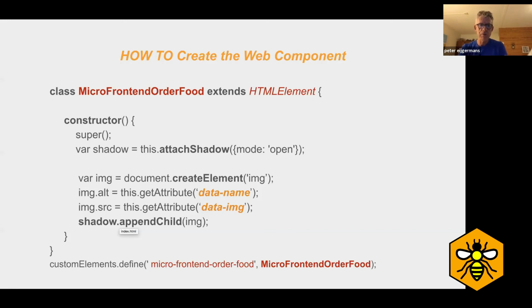It's the micro frontend extends the HTML element. It has a shadow DOM, and okay, here I create the image and I attach the whole image to the shadow DOM, and you see that it works.